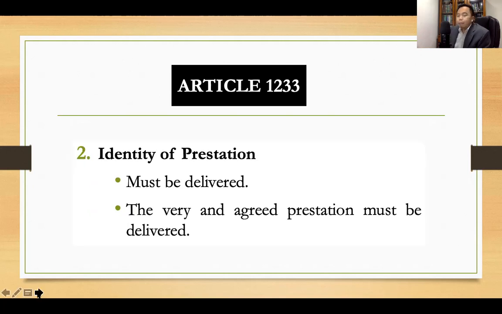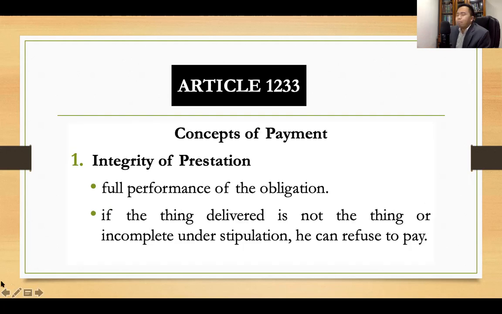Now, what about identity of the payment? When you say identity of the payment, the very object that has been agreed upon by the parties must be delivered. The very and agreed prestation must be delivered. That is the concept of identity of payment. Remember these concepts, class. Again, I will repeat.